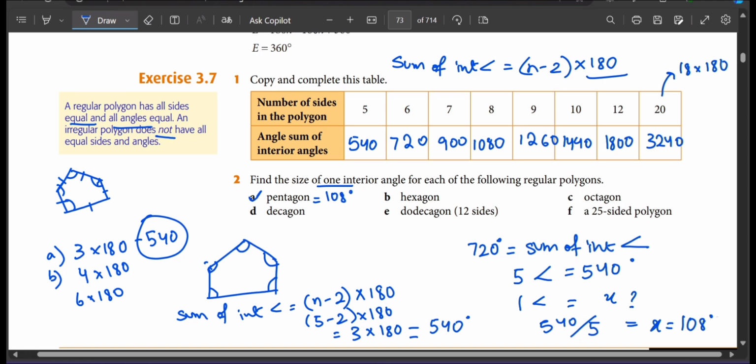Alright, now for hexagon, how many sides does this hexagon have? Hexagon has 6 sides, so n minus 2 into 180, 6 minus 2 into 180. That's going to be 4 into 180, and it's going to be 720 degrees.